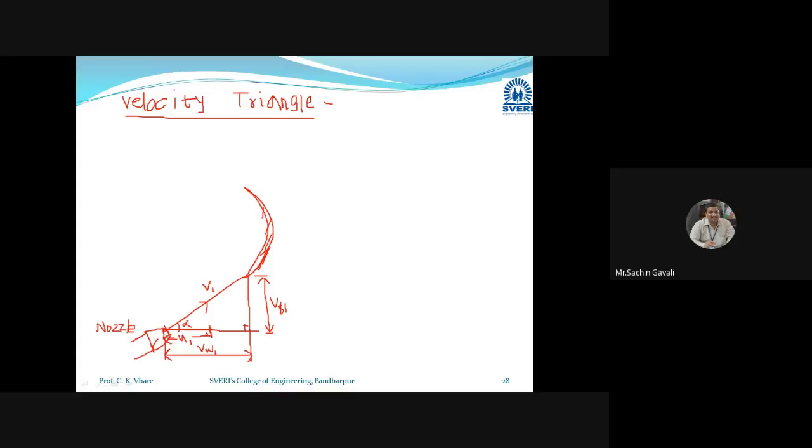Now there is a relative velocity difference between U1 and V1. If you join them vectorially, that component is called the relative velocity at inlet, the relative velocity difference between the nozzle velocity and the blade velocity. It is called VR1.